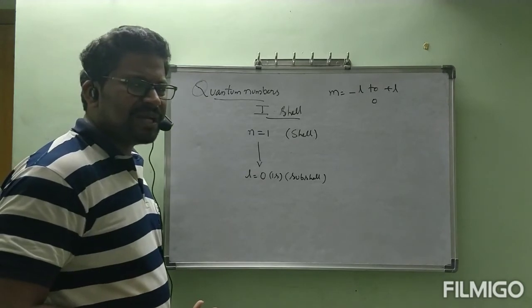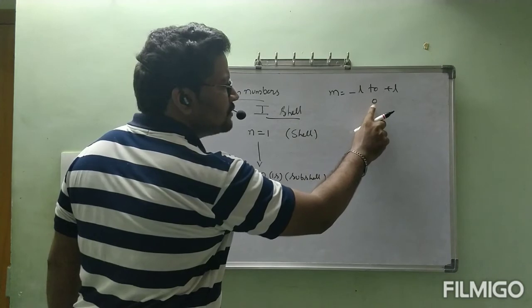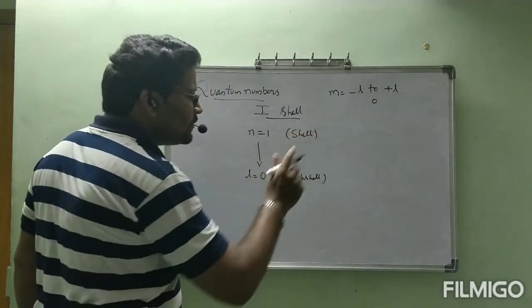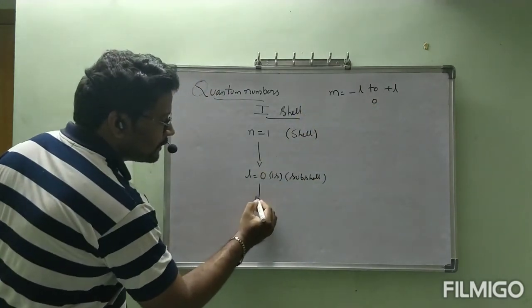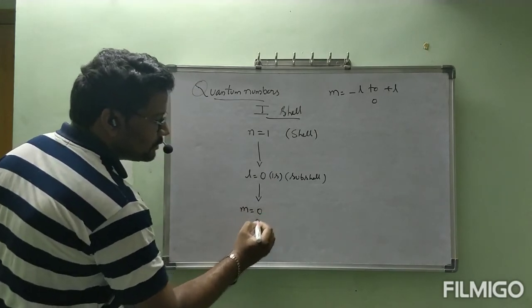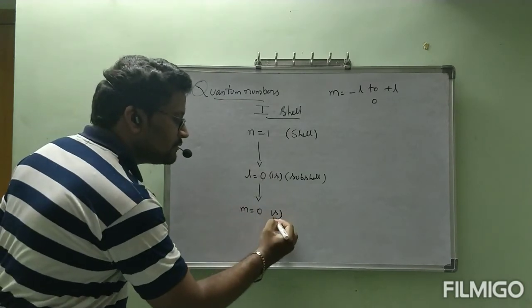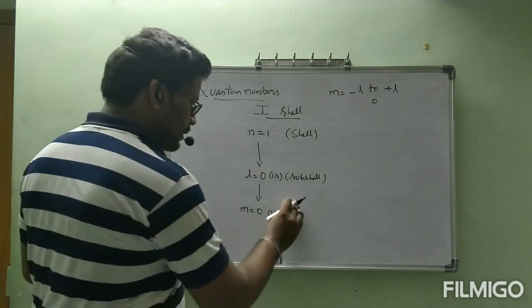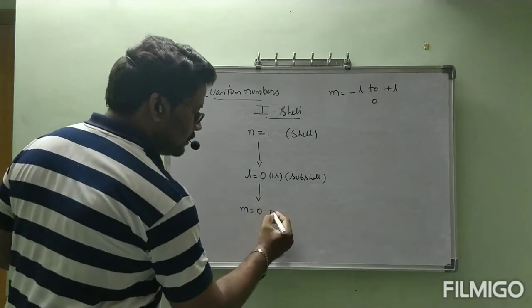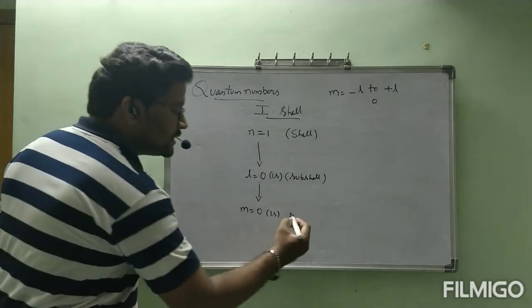There are no other values. So it has only one value, 0. So m value is also 0. Next, orbital. m is equal to 0, which is 1s. This is also 1s only. This is the orbital.